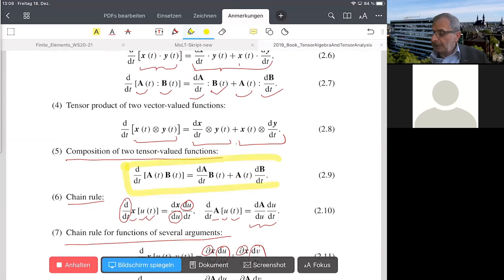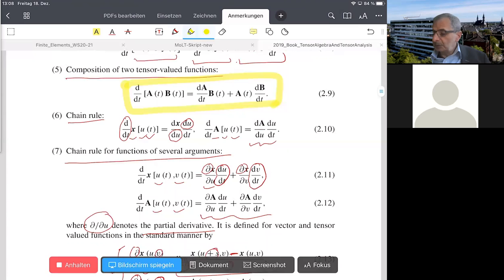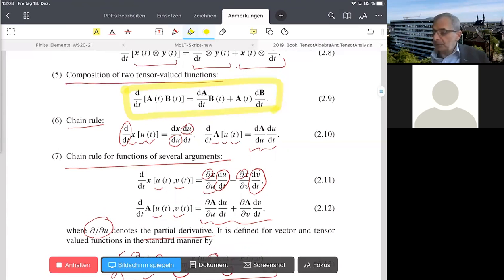All of them are important, but one of the most important is this composition of two tensor varied functions, and we try to prove it.